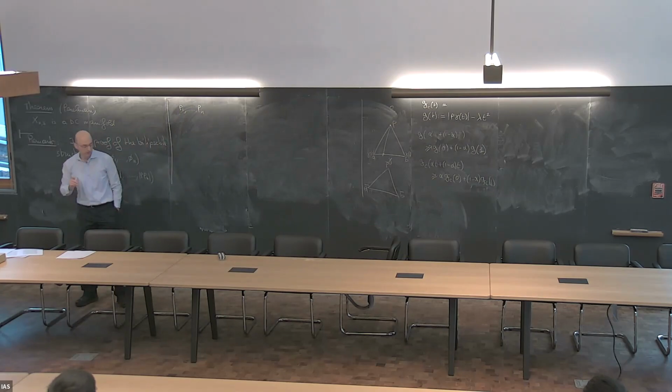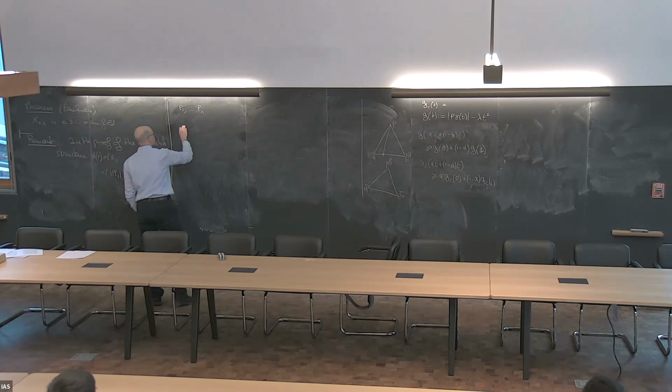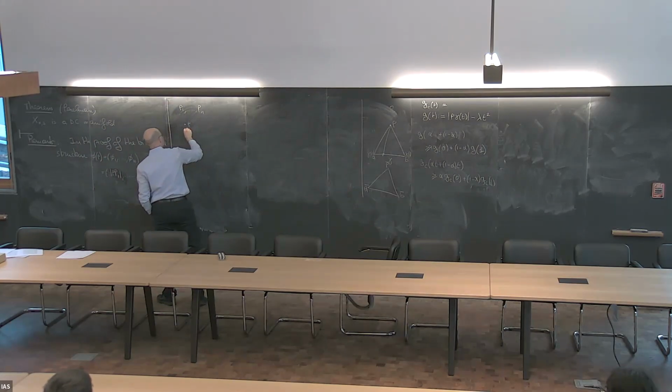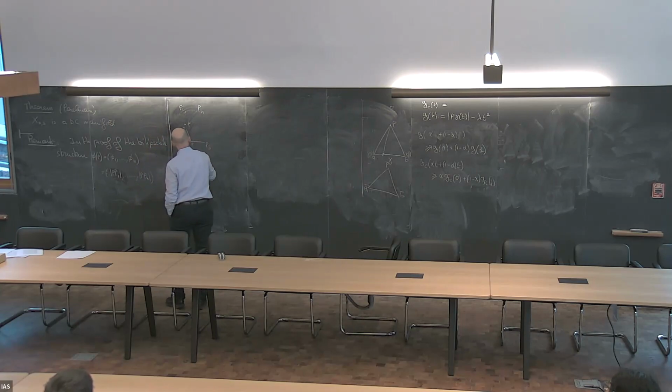At the point P, the angle which is formed by Pi, Pj is always more than pi divided by 2.